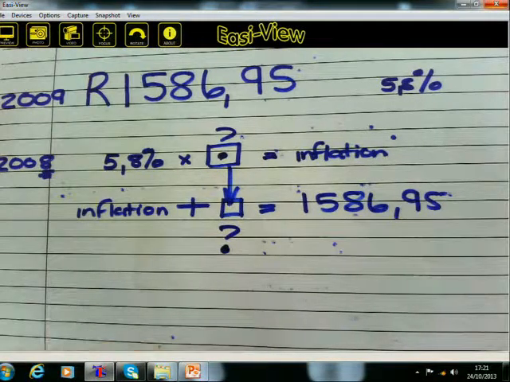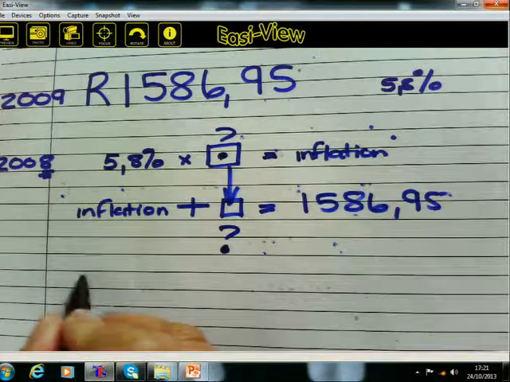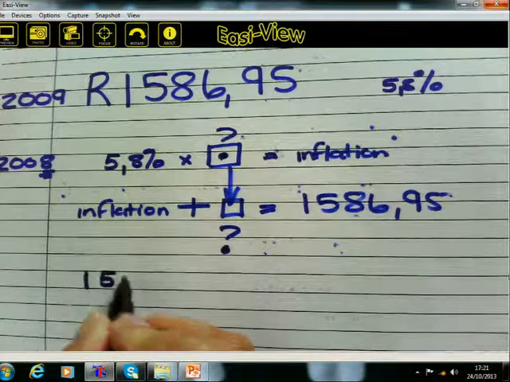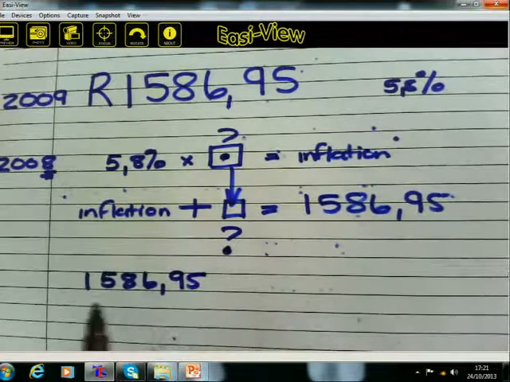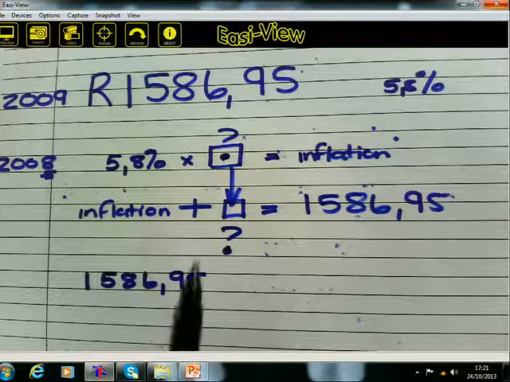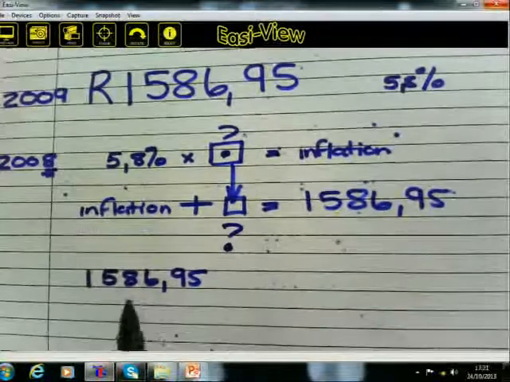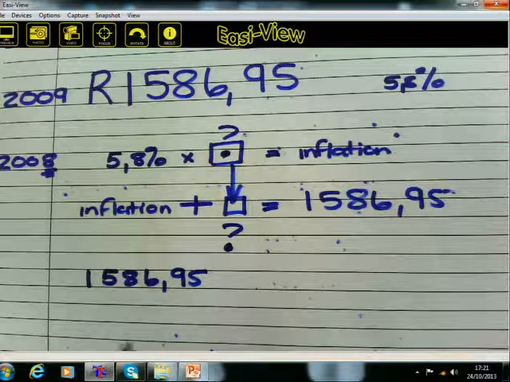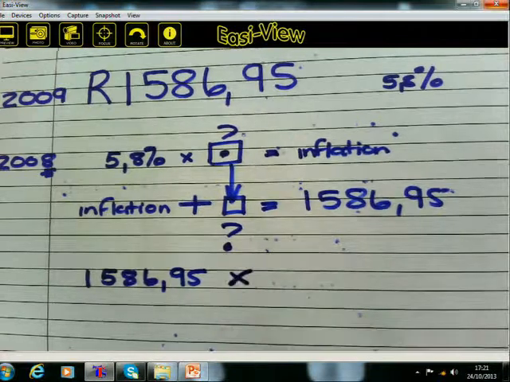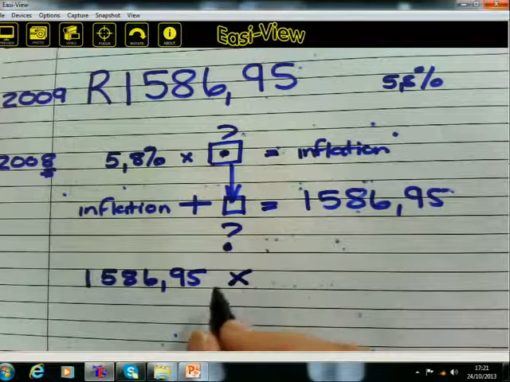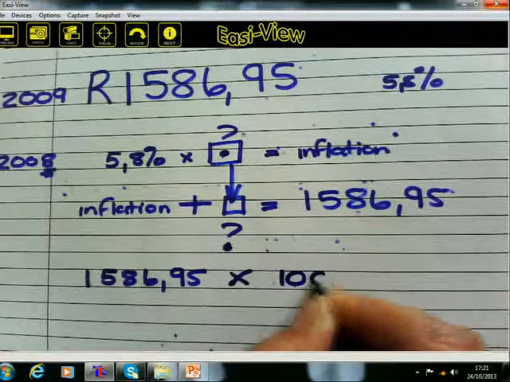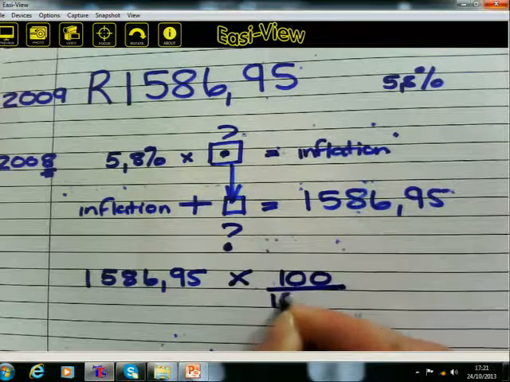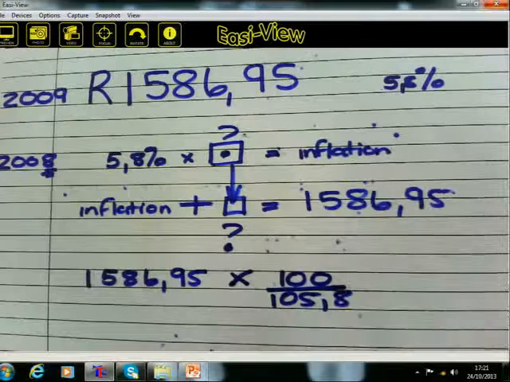Now they are asking us, but what was that original amount? Now the easiest way to do it is to say that it is R1,586.95, and we're actually dividing by the percentage. But now it is difficult to divide by the percentage. So what do we do? We multiply with its inverse. So then it becomes multiply by 100 over 105.8.